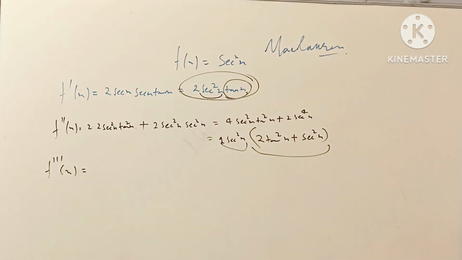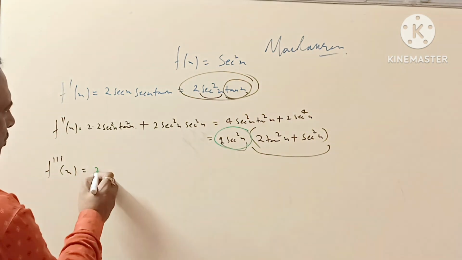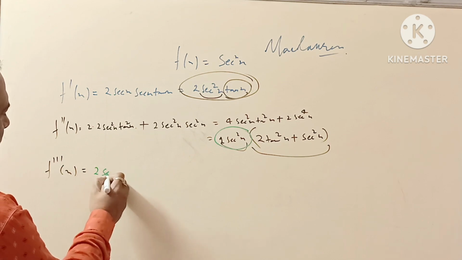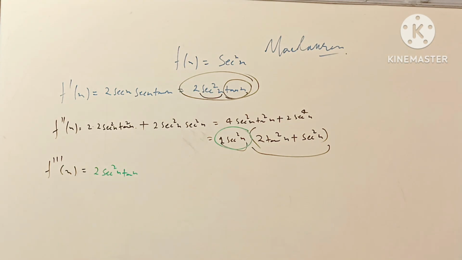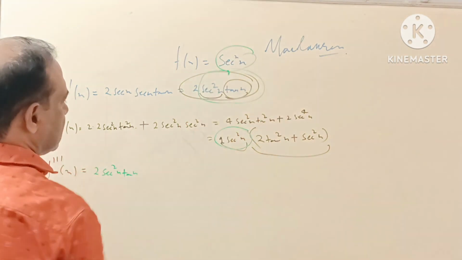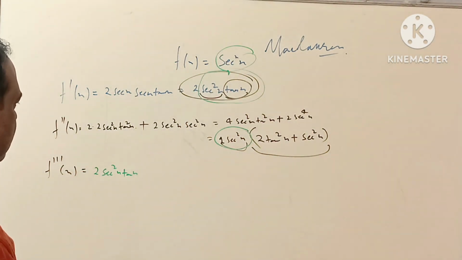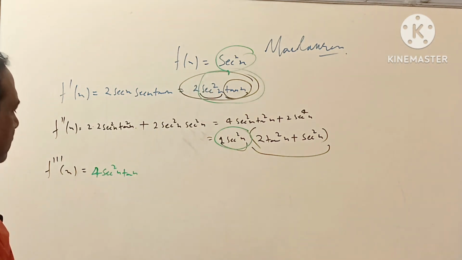Okay. Now for the first part and the second part, first I will try to differentiate the first part. It will give me 2, and it will give me sec square x and tan x. Sec square x will give me sec square x and tan x, and 2 is there again, so it will become 4 sec square x tan x. Clear?